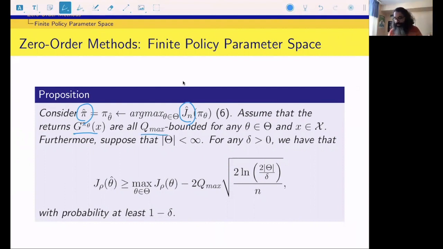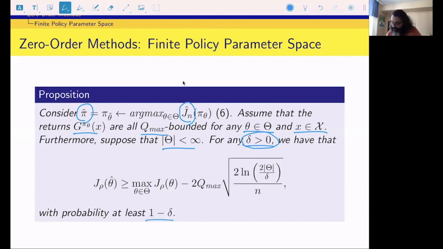So if they're Qmax bounded, say everything is between some number, minus 10 to plus 10, for all policies and for all x's. Also, we suppose that the number of policies or parameters describing policies is finite. Then we can provide this guarantee that for any delta larger than 0, which is going to be the probability of error, this statement is going to be true with probability at least 1 minus delta.